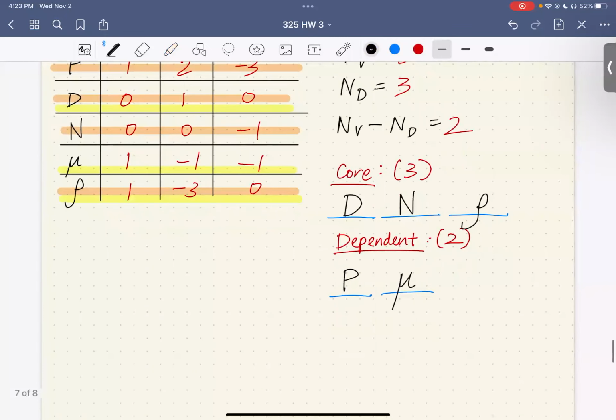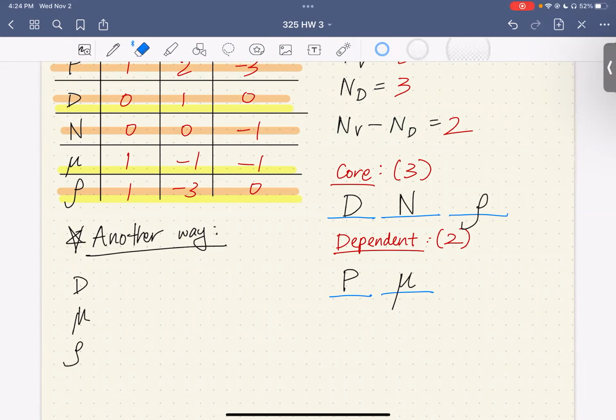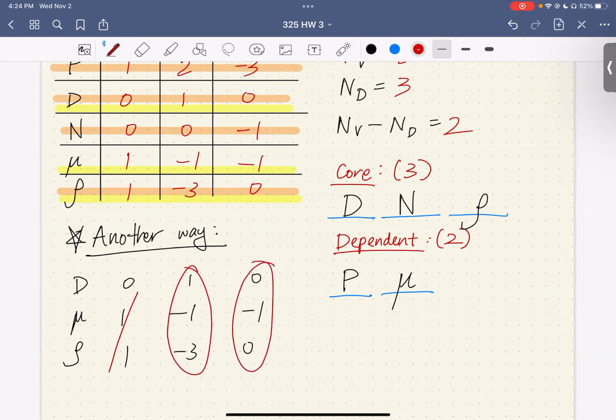So another way would be to use diameter, mu, and rho as your core variables. And that would mean 0, 1, 0, 1, -1, -1, 1, -3, 0. So yes, we can somehow eliminate these 2 and we'll have this component still. So we are good. So that is another way to approach this question.